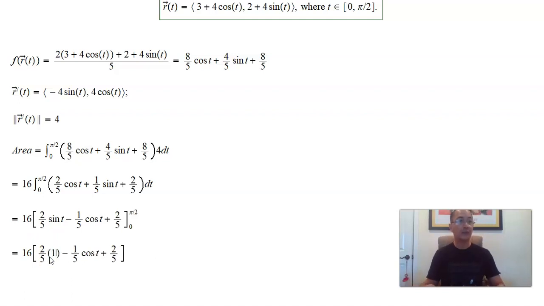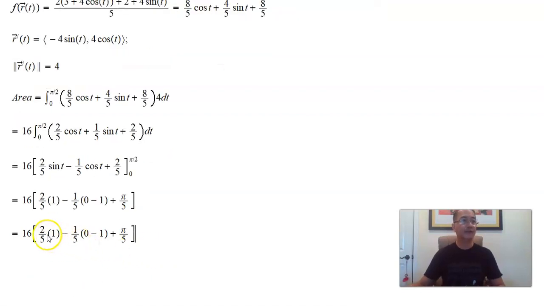Sine of pi over 2 is 1. Sine of 0 is 0. Cosine of pi over 2 is 0. Cosine of 0 is 1, so minus 1. And then 2/5 times pi over 2. Oh, how convenient. So that's pi over 5. Okay, so you get 2/5 plus 1/5 makes 3/5. So we got 3/5 plus pi/5.